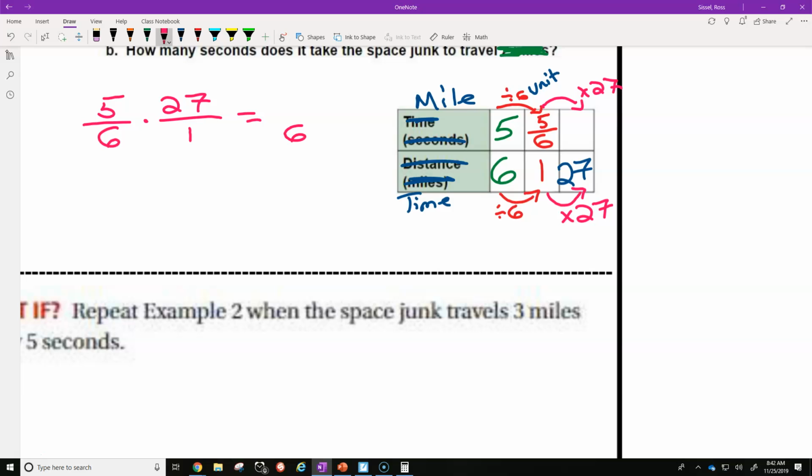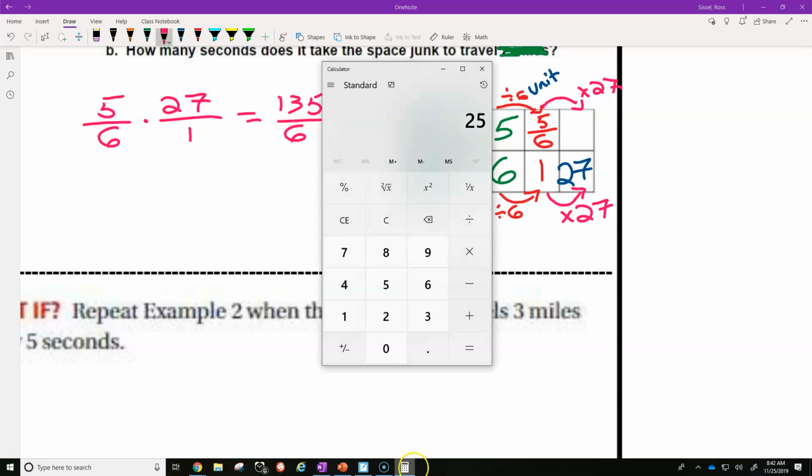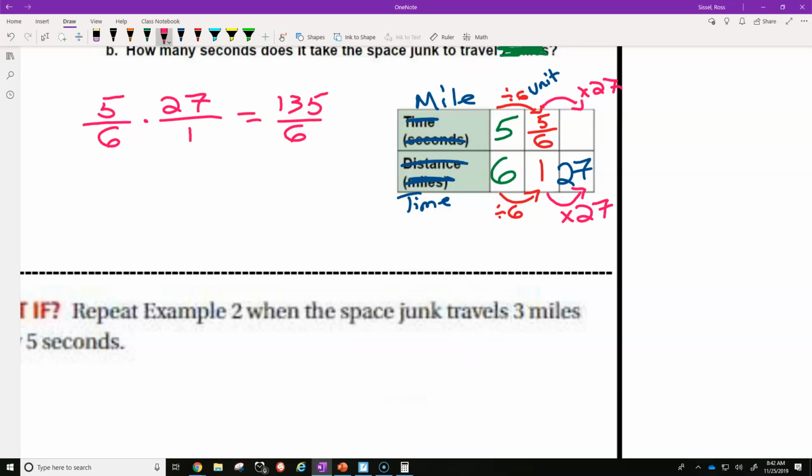If I multiply, is that right? 135. Okay. Now, can this simplify? Yeah. It can turn into an improper fraction. So what's 135 divided by 6? 22.5. Oh, that was pretty easy.